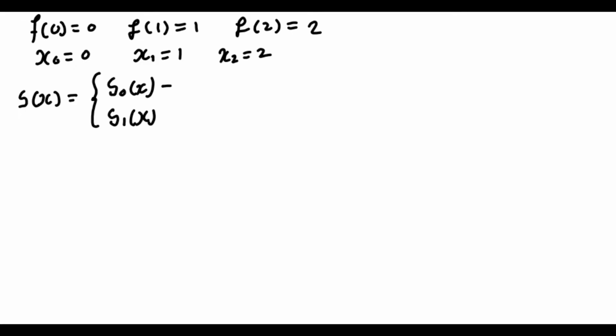This is equal to, here you're going to have your a naught plus your b naught, and this is supposed to be x minus x naught for this part. But because we know that our x naught is equal to 0, we don't really have to waste our time there, so we can just put x there like that.